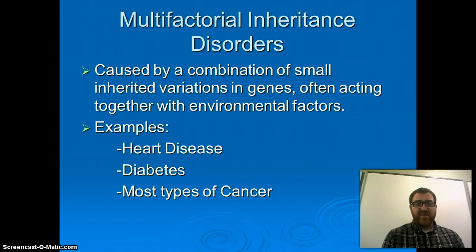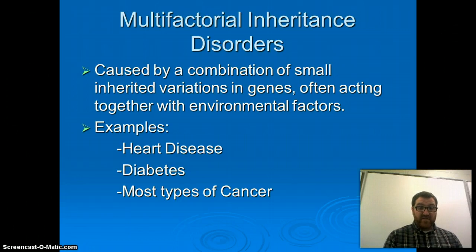Lastly, the multifactorial inheritance disorder. This is caused by a combination of small inherited variations in genes, often acting together with environmental factors, that can lead to some issues. Your examples of diabetes, most types of cancer, such as lung cancer, breast cancer, and even heart disease are multifactorial inheritance situations.